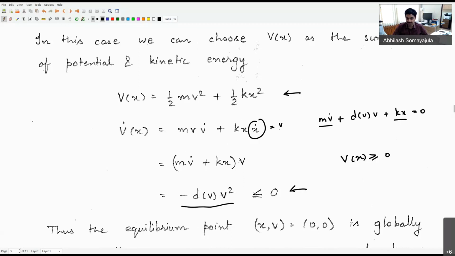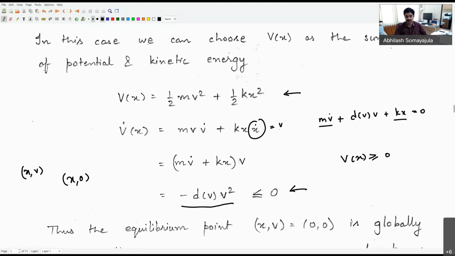If I was at any state (x, v) where x is non-zero but v is 0, V dot will be equal to 0. So not just at the equilibrium point, but at some points other than the equilibrium point, V dot is equal to 0. So I can't say asymptotically stable.